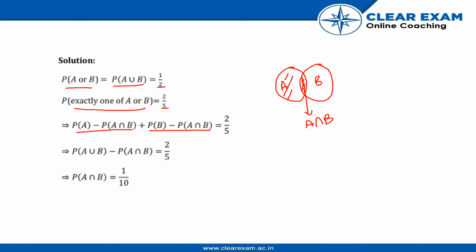Again, plus probability of B, which means again this whole circle, minus probability of A intersection B, which leaves us with this area. So we simply add this part with this part. It gives us 2 by 5.